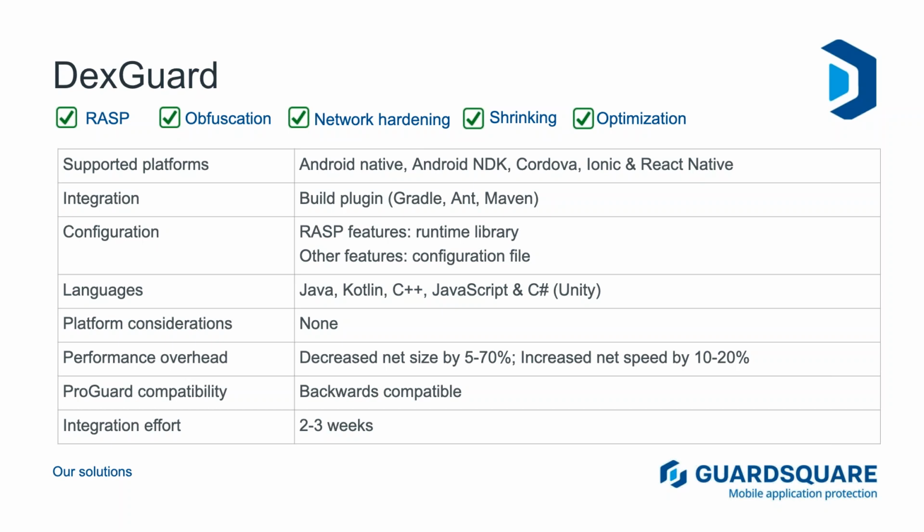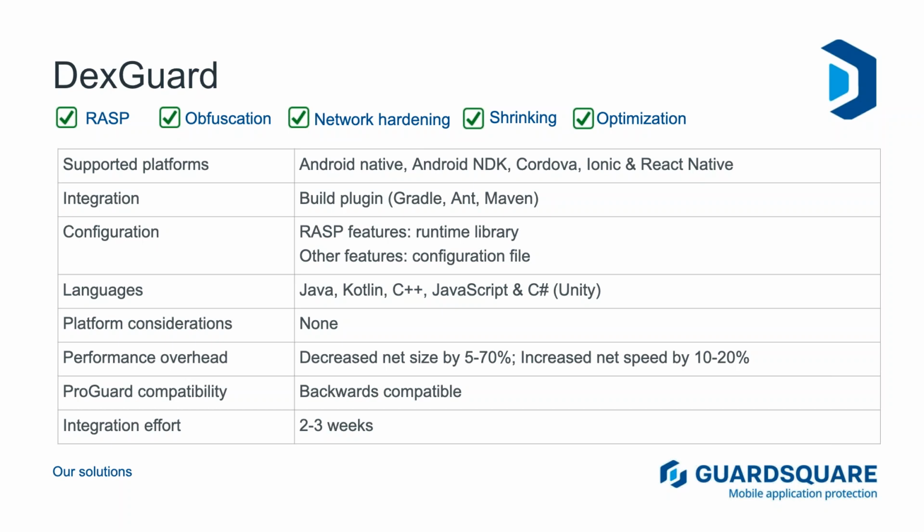DexGuard integrates in the build process as a Gradle plugin. So that's in a very similar way as ProGuard integrates in your project. It's backwards compatible with ProGuard, meaning that all the keep rules you already have in place will keep working in DexGuard as well.